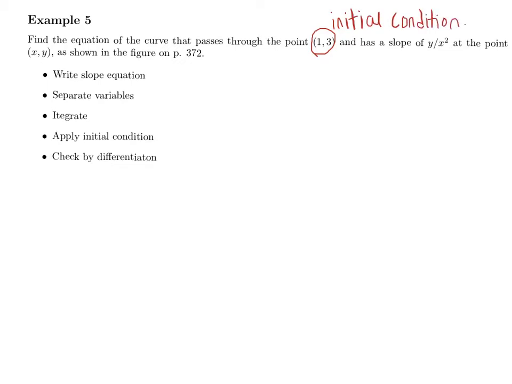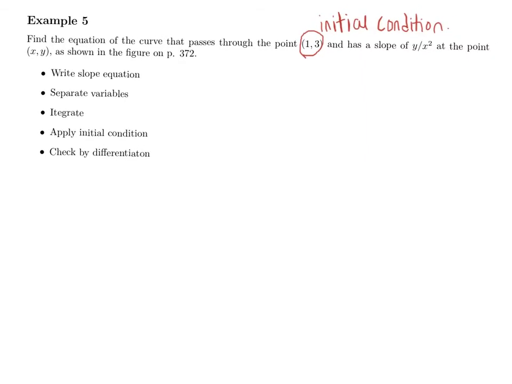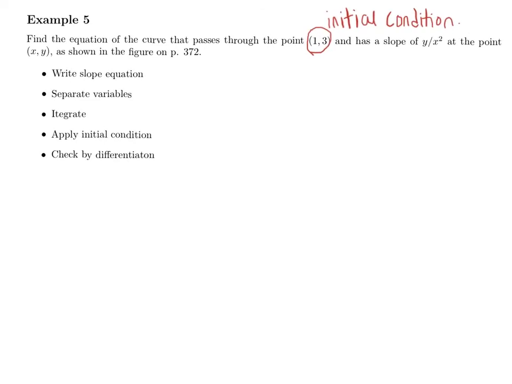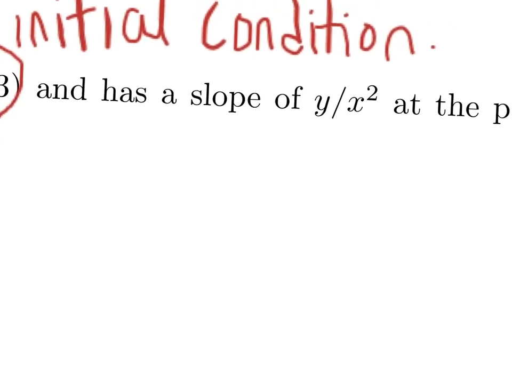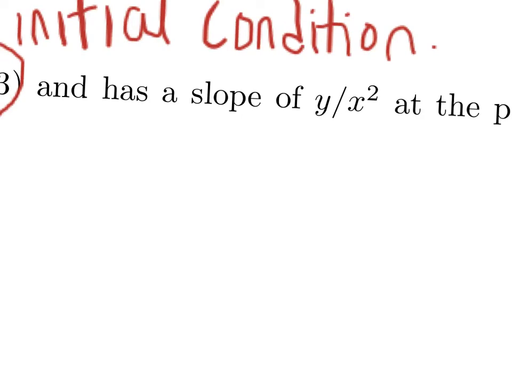It has a slope of y over x squared at the point (x, y). What does that mean? It has a slope of y over x squared at any given point. What does that mean in calculus terms?